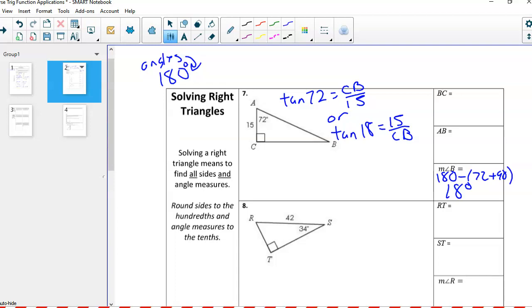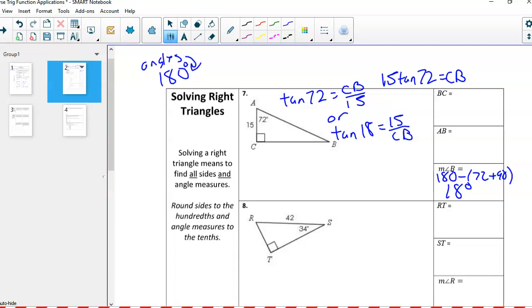So you have different options for solving the first side, and then once you solve for the final side, you have even more options, because you could do Pythagorean theorem, you could do a cosine, you could do a sine. So you may not solve it the same way your partner does, someone sitting at your table or someone across the room. Everyone may solve these a different way. Depending on which one you use, I'm going to use this one because it'll be easier. I also wrote those backwards, but that's okay. I wrote CB instead of BC.